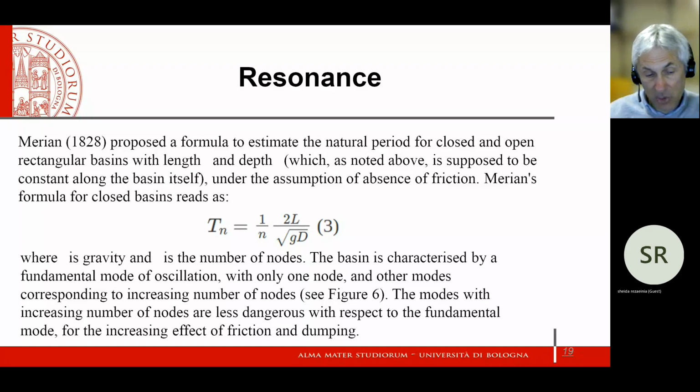And then we have to make the same check for n equal 2, n equal 3, etc., keeping in mind that the frequencies corresponding to a high number of nodes are less concerning than the frequencies corresponding to a low number of nodes. So we don't have to make the check for an infinite number of nodes. When the number of nodes goes above 5, 6, that's okay. Then it's not so concerning.